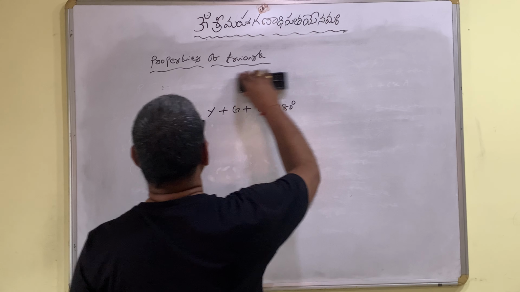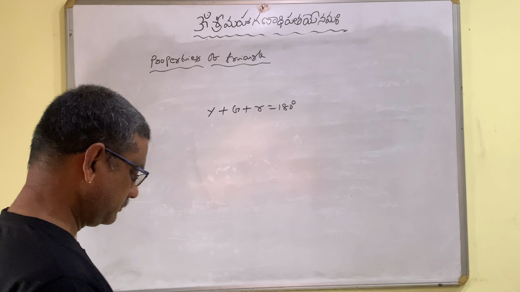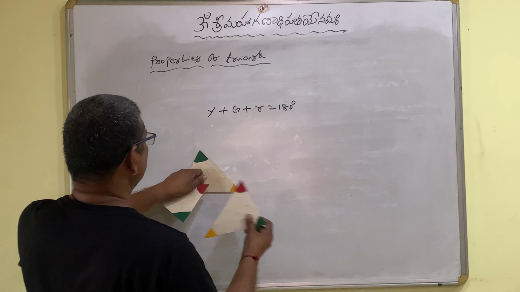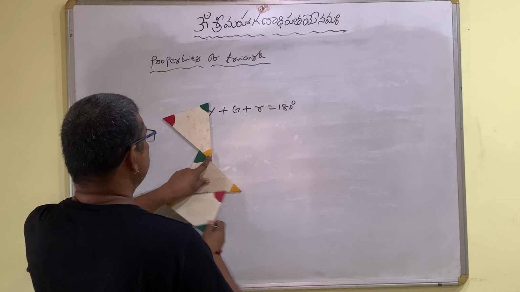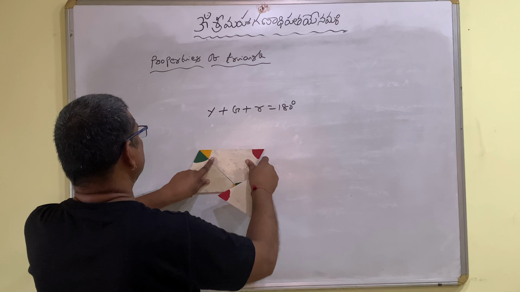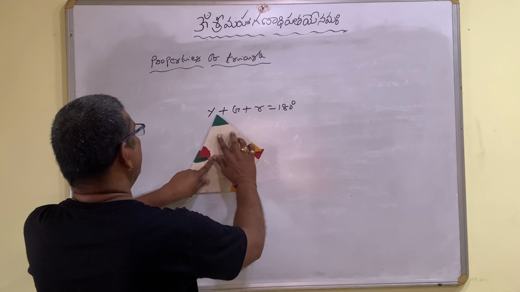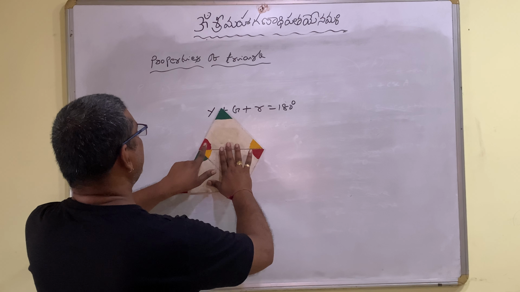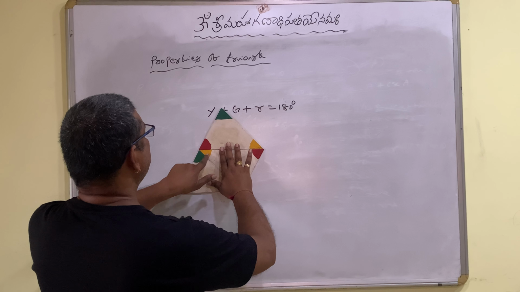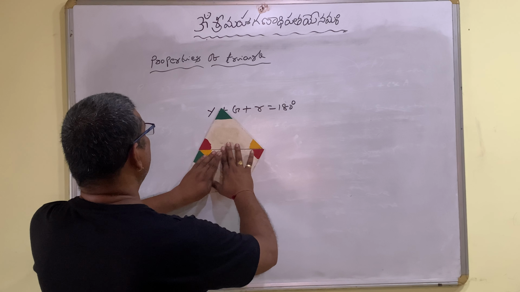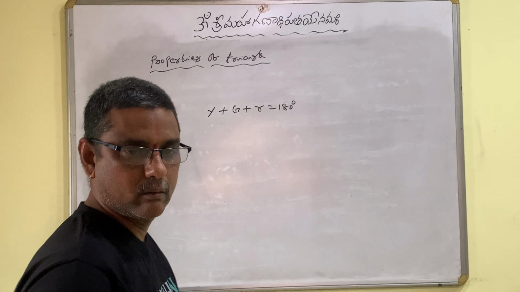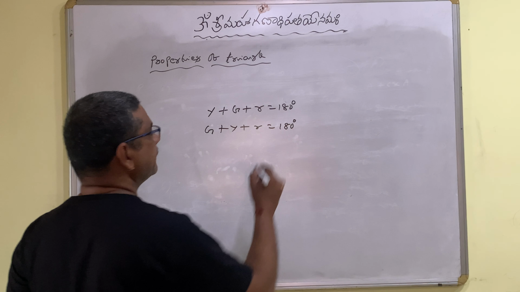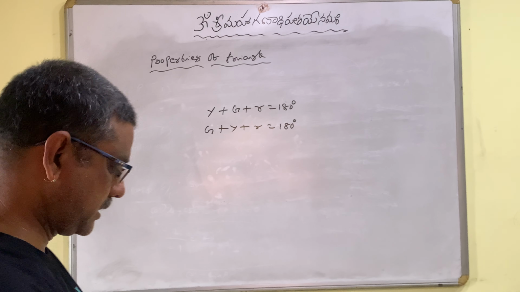Next, here also you can observe green plus red, yellow plus red, they form a straight angle over here. Green plus yellow plus red is 180.